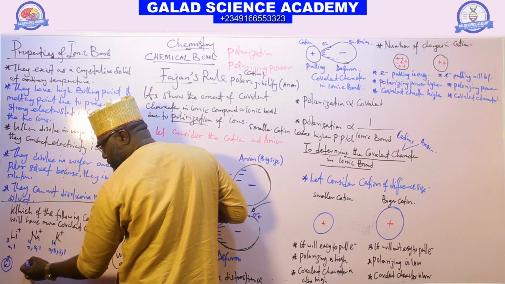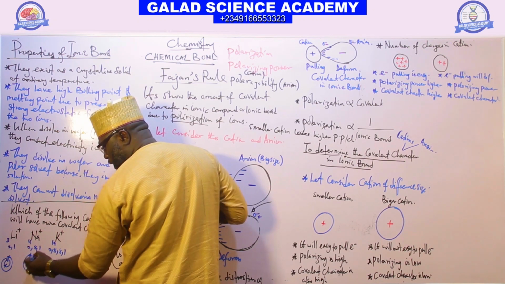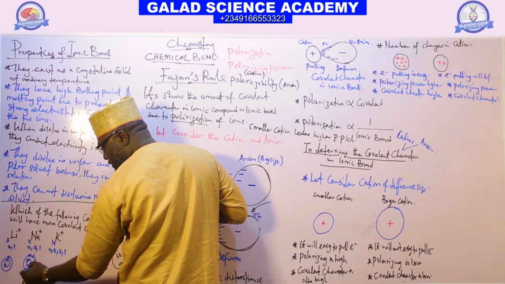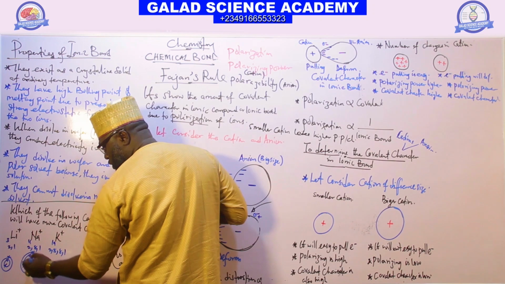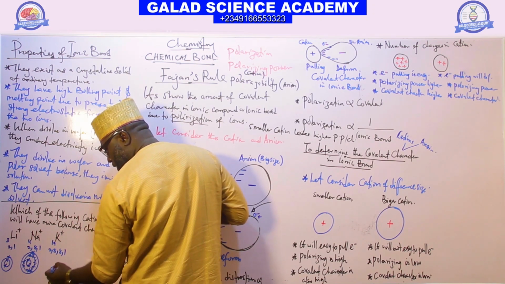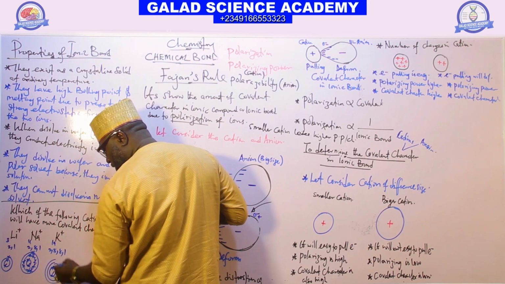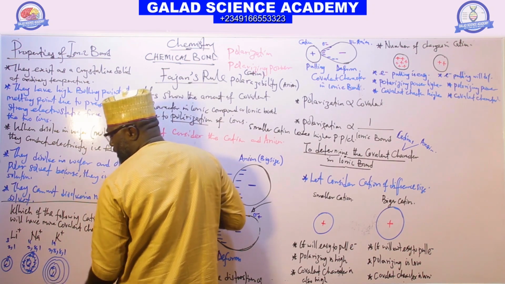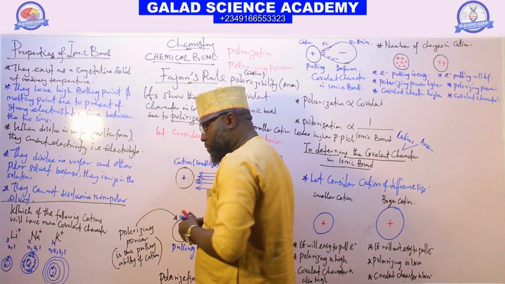Then 2, 8, 1. The third one is 1. So we have 2 inside, 8, another 8, and another 1. Can you see it now?